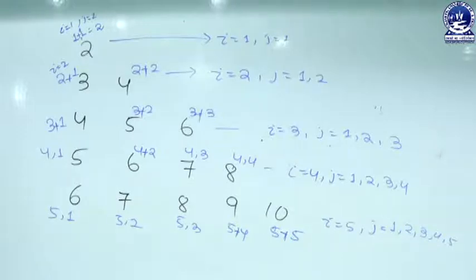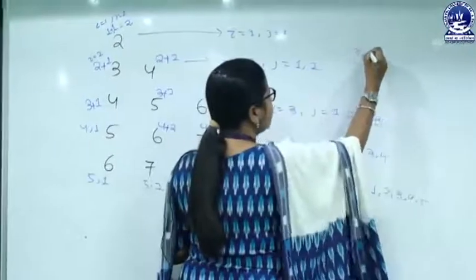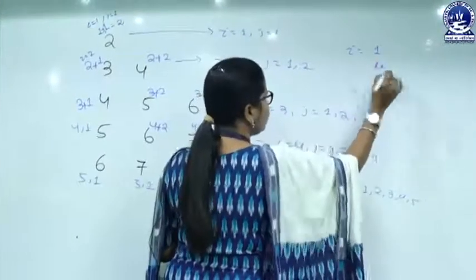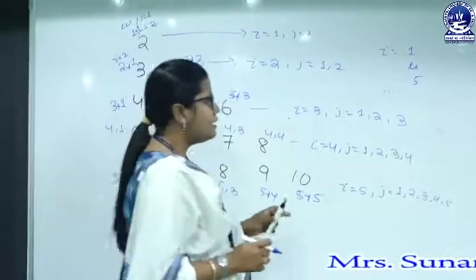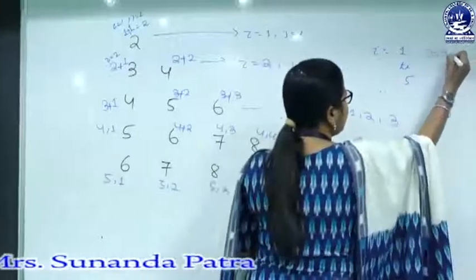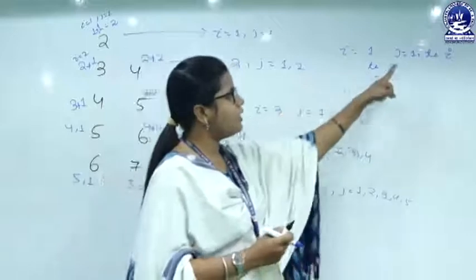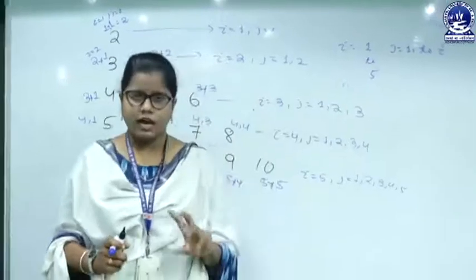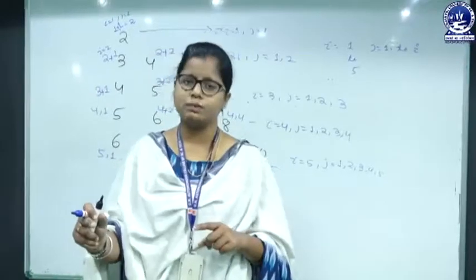So what is the logic here? Here i will start from 1 to 5 because we have 5 rows, and for each i, j will start from 1 and go up to i. When i equals to 1, j will be 1. i equals to 2, j will start from 1 and go up to 2.